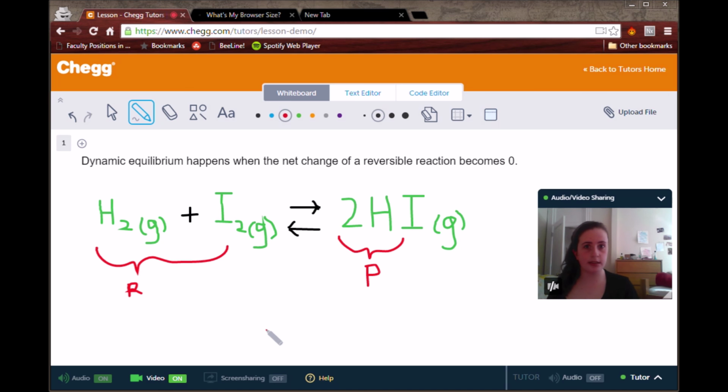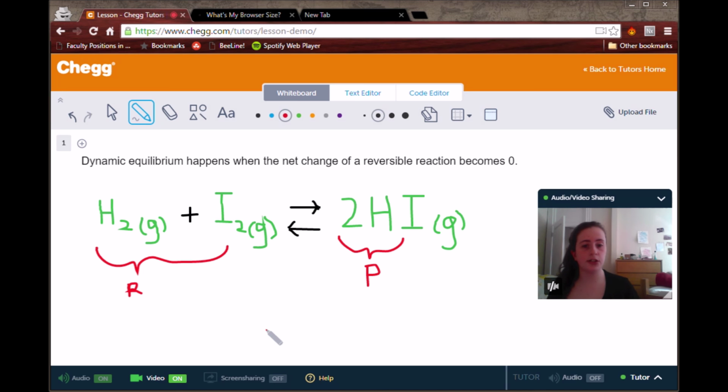So what happens is you have a lot of those reactants, and so they'll immediately start making HI. But as time goes on, as the hydrogen and the iodine gas start getting used up, the rate that that's happening slows down. But at the same time, the amount of HI is building up in that container. And as there's more and more HI, it reacts with itself more and more.